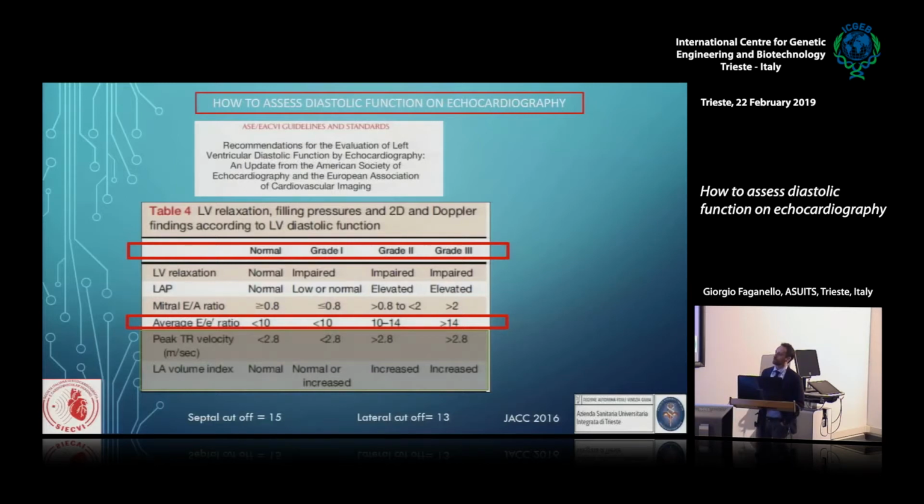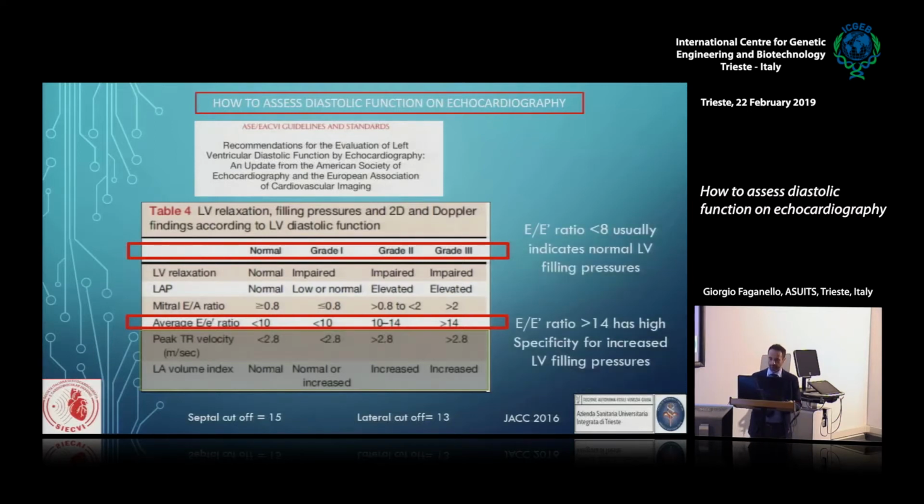The septal cutoff for grade 3 is 15, the lateral cutoff is 13, so they averaged the two data, and 14 came out. So the two cornerstones are 8 and 14: normal under 8, severely abnormal over 14.